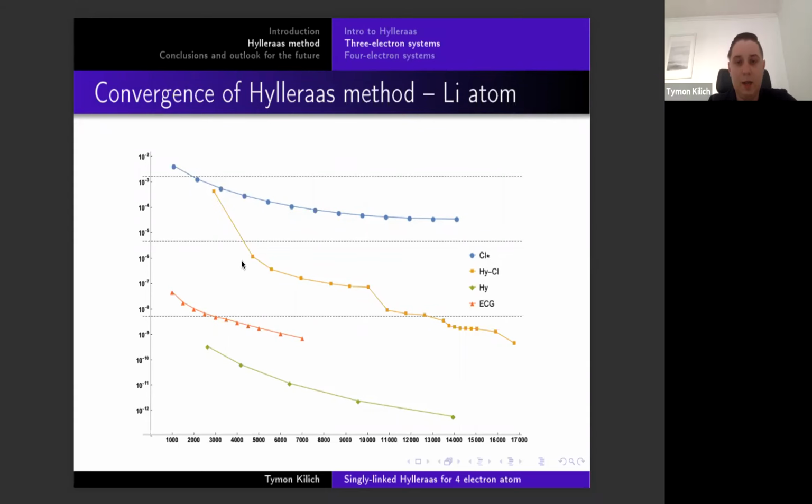The Hylleraas CI immediately shows great convergence compared to the regular orbital-based methods. The explicitly correlated Gaussians are converging pretty quickly. And finally, Hylleraas shows very, very fast convergence, and it can be converged to values that are enough for all practical purposes in terms of non-relativistic energy.